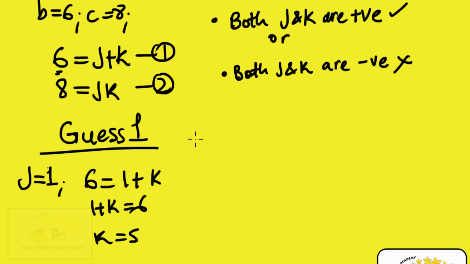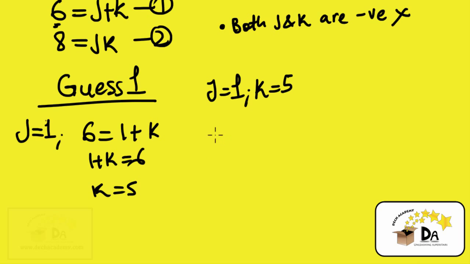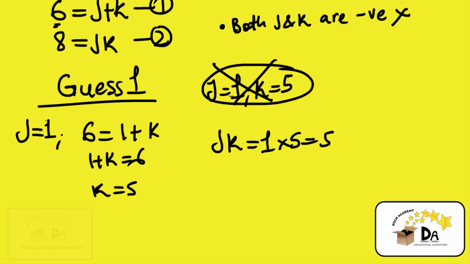So now we have a result, j equals 1 and k equals 5. Now let's see if this result satisfies equation 2. Equation 2 requires that the product of j and k be 8. J times k, using these values, is 1 times 5, which is 5. It should be 8, therefore this result is not correct.